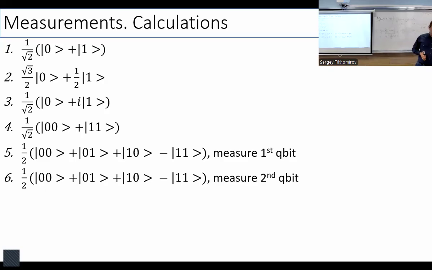Here there is a hint on how not to write it so long, but I suggest to practice this because here it's easier to make mistakes. You look at the parts which contain 0 here, and you sum the squares of the coefficients in front of them.